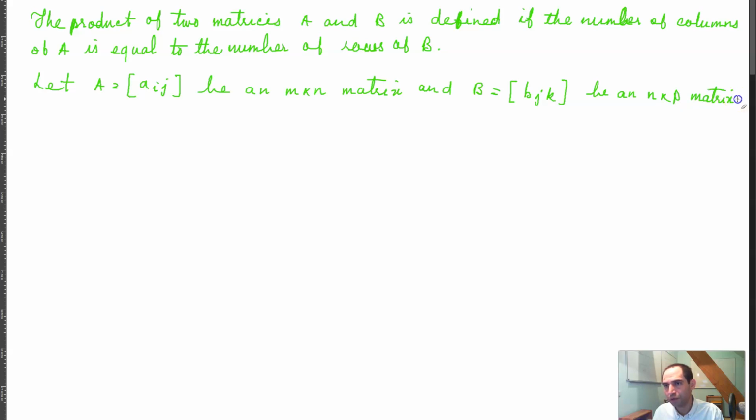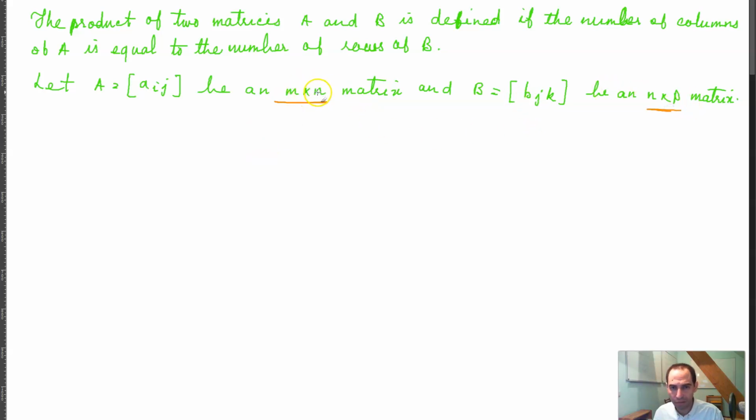I need you to pay attention to what's going on here. A is a matrix of order m by n, and B is a matrix of order n by p.